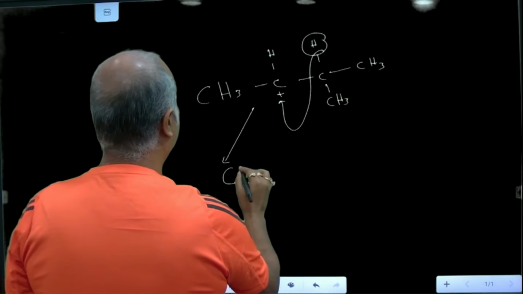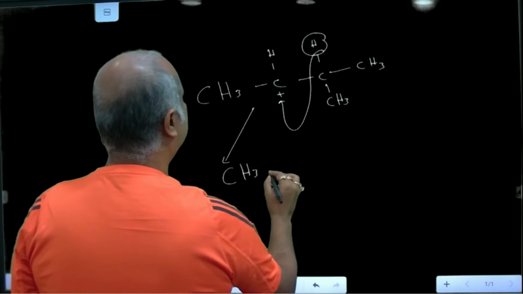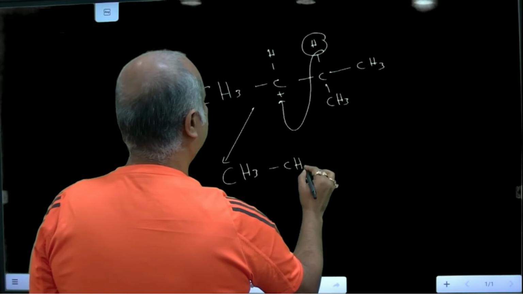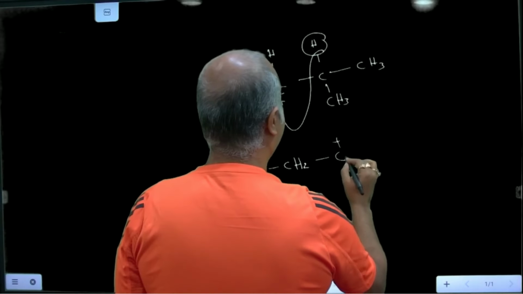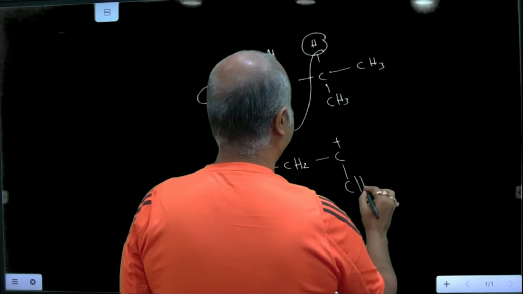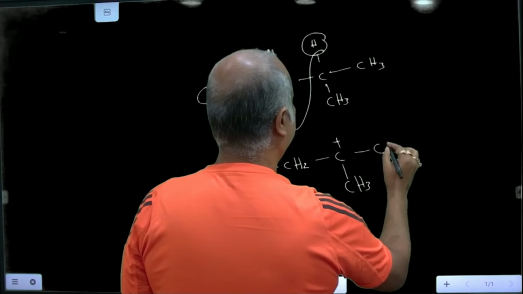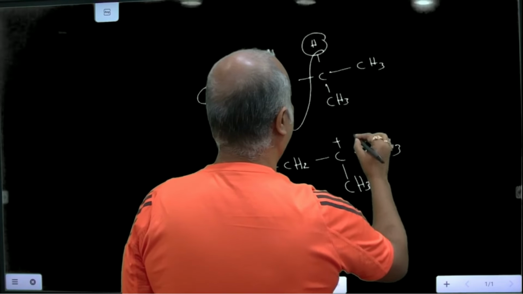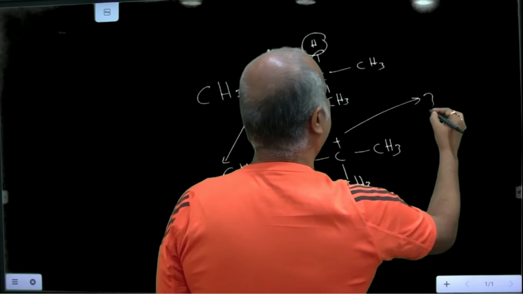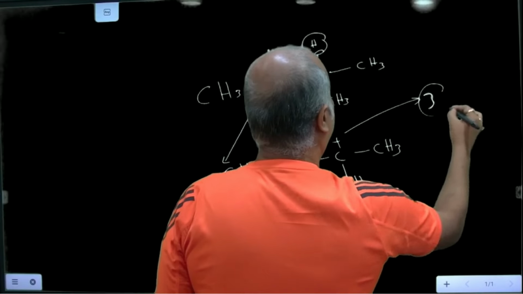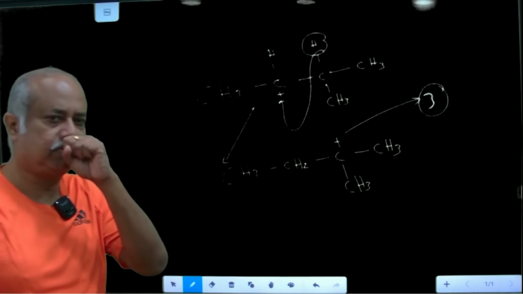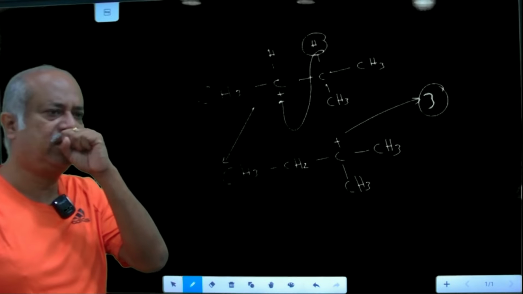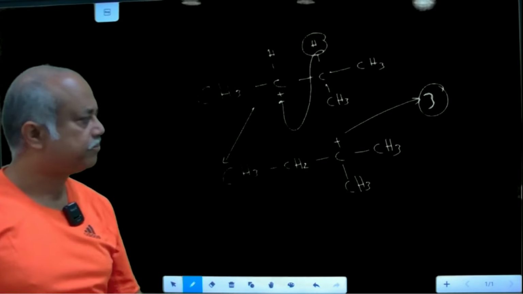It will produce CH3, CH2, C plus, CH3 and CH3. And that is the 3-degree carbocation.